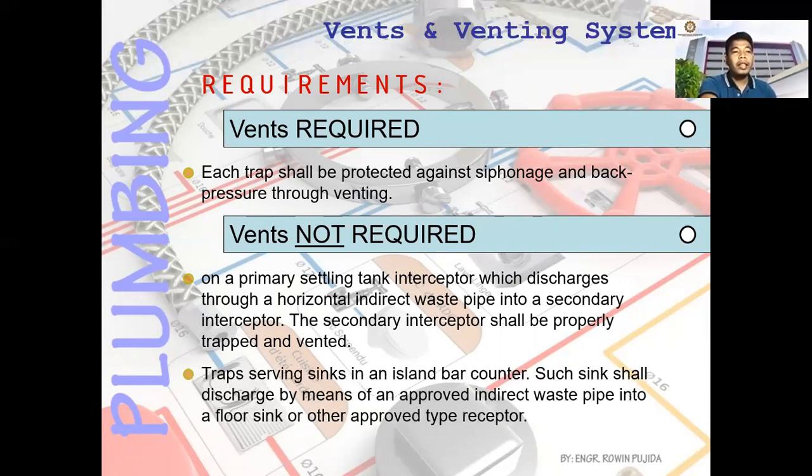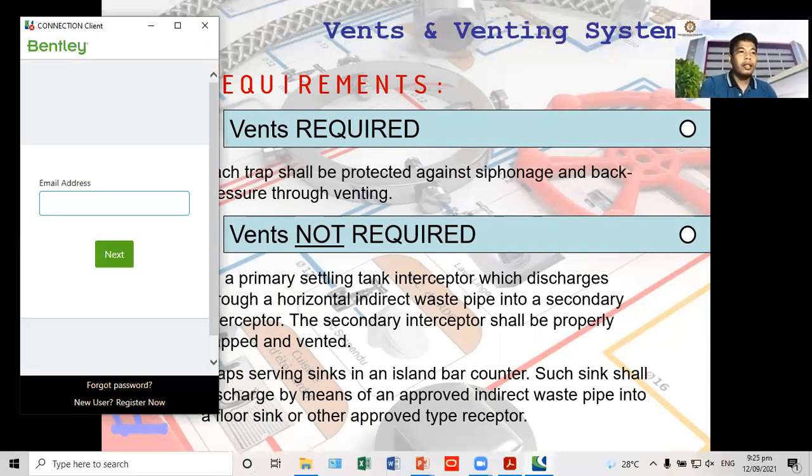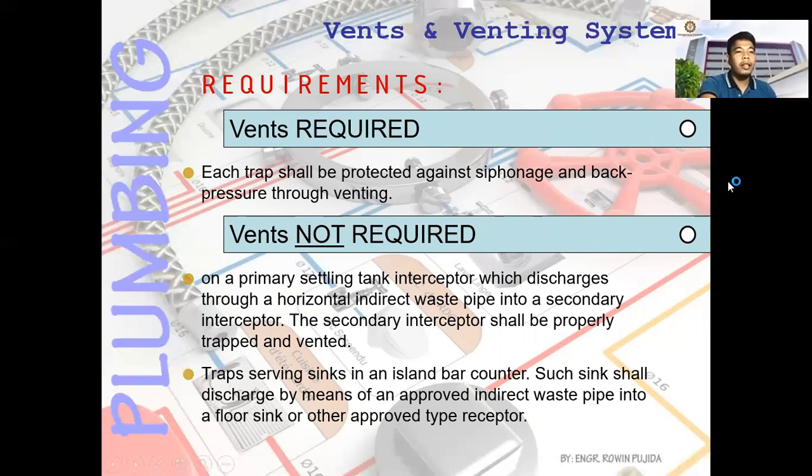Okay. And then traps serving sinks in an island bar counter. Such sinks shall discharge by means of an approved indirect waste pipe into a floor sink or other approved type of receptor.